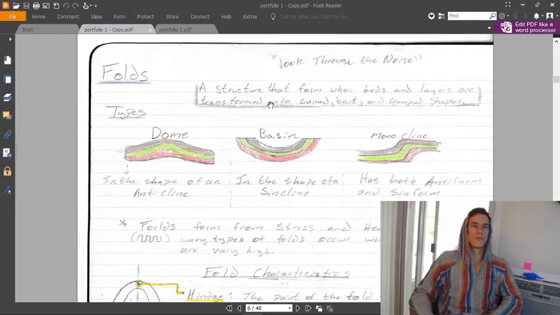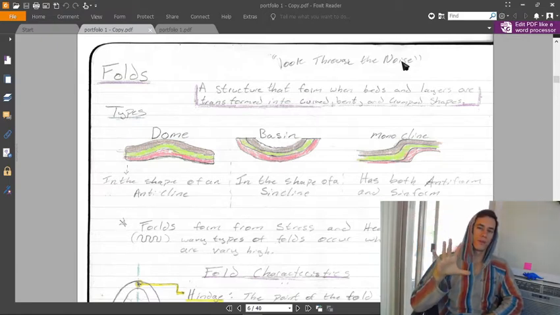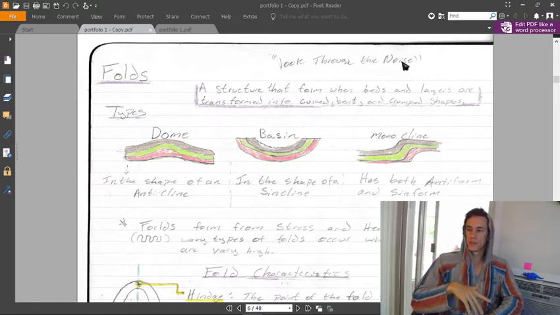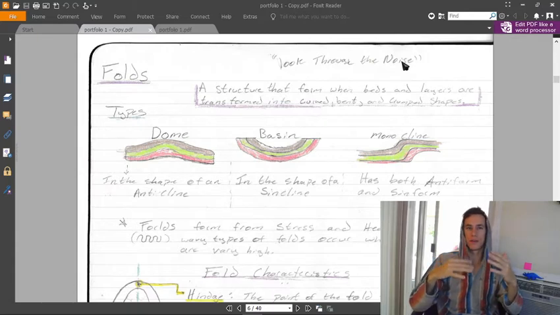Okay, so folds. Look through the noise. This is a quote from my professor: when you look at a surface like an outcropping or an exposed surface of rock, you have to look through all the other information that's there, like bushes, trees, roads, and all kinds of other formations and shapes inside the rock itself.